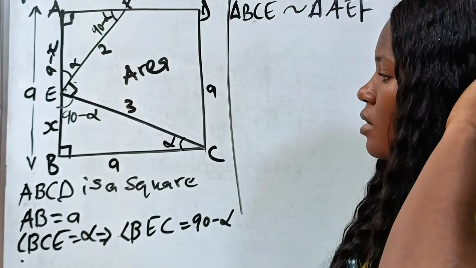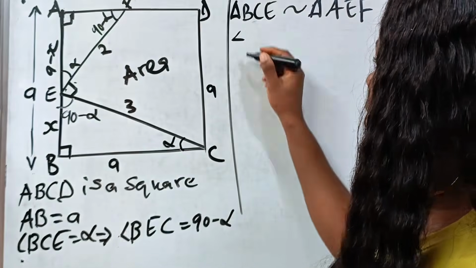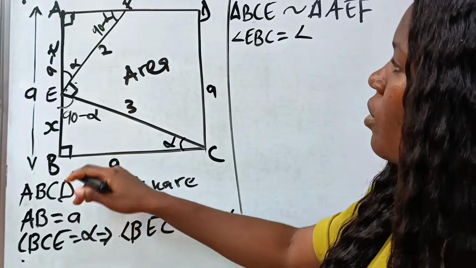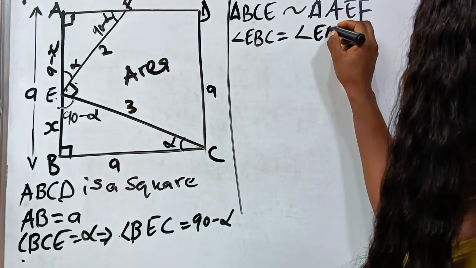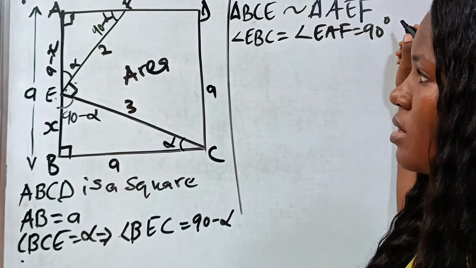Why did I say that? Because angle EBC is equal to angle EAF, which is equal to 90 degrees, right?